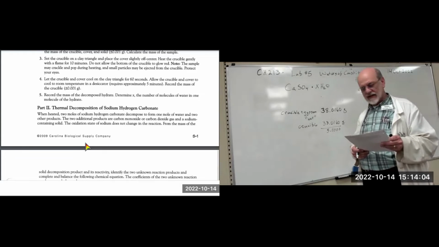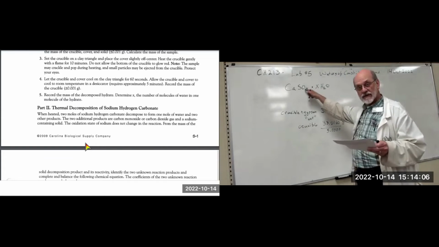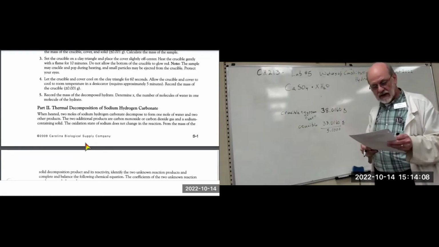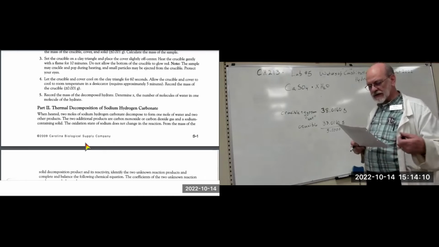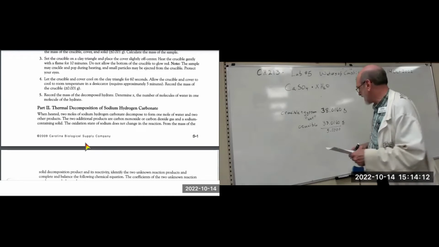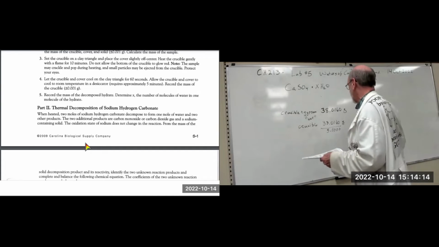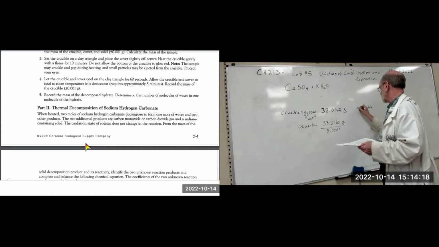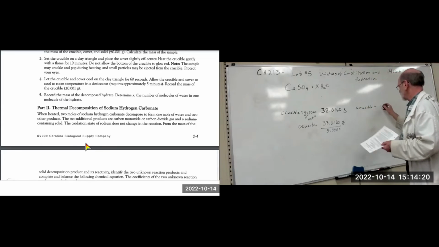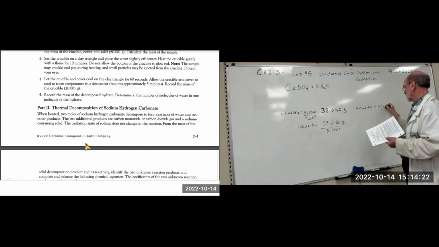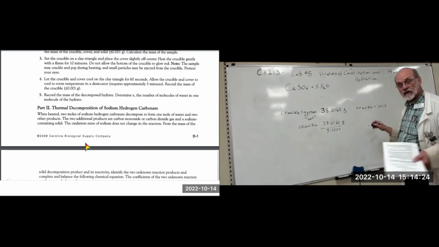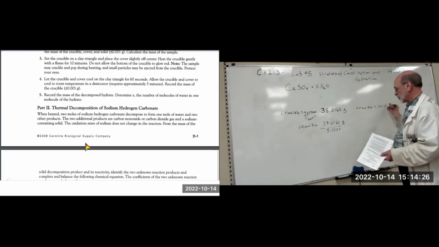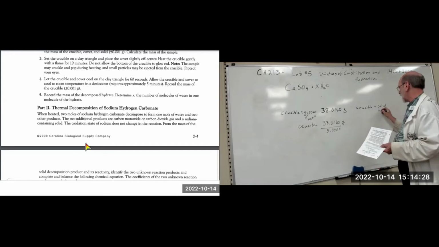Okay? That's how much you put in there of this substance. Then you heat it, and you cool it in a desiccator, and then you weigh it again. So now we have crucible plus solid. It's not gypsum anymore because we got rid of the water. Crucible plus solid, and this is dry.